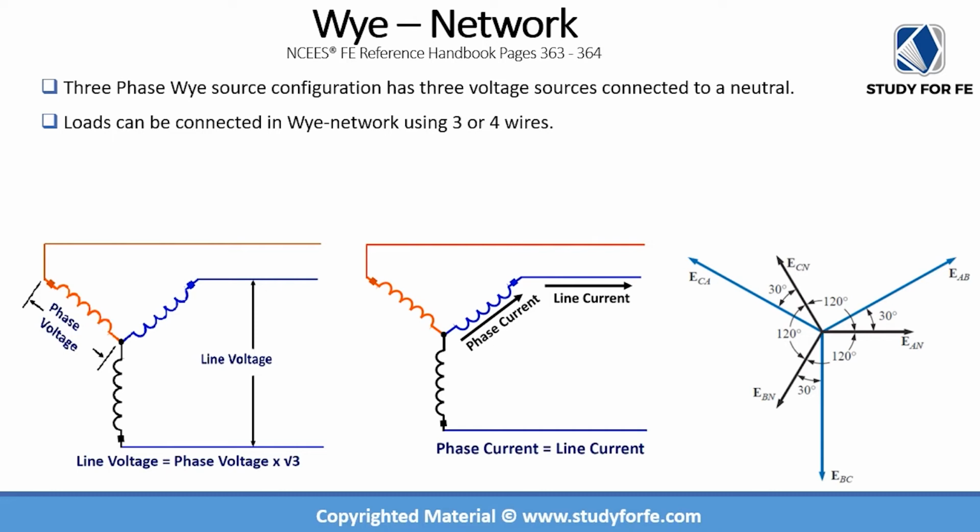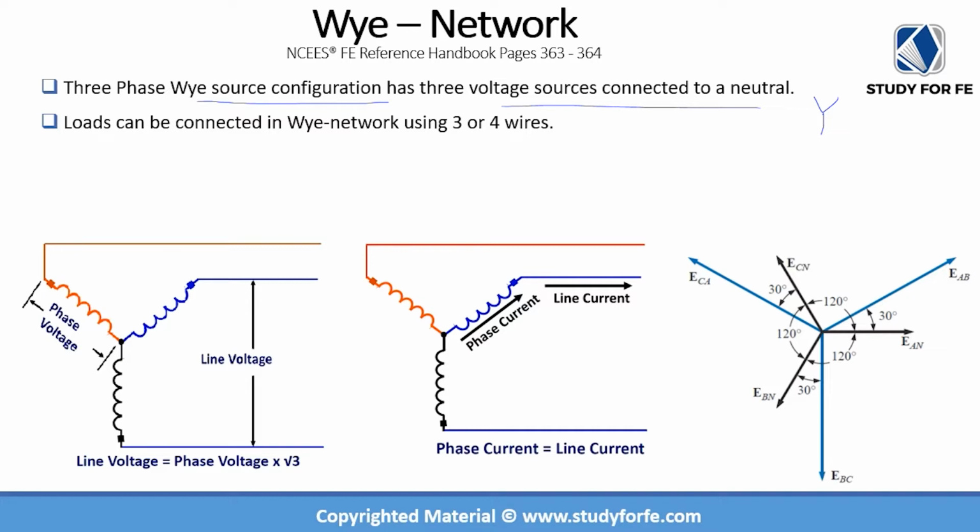Y network. So the Y arrangement is one of the two arrangements for three-phase circuits, and in the Y arrangement, the three-phase Y source is configured such that it has three voltage sources that are connected to a neutral. So it literally looks like the letter Y. Okay, and here's an example.